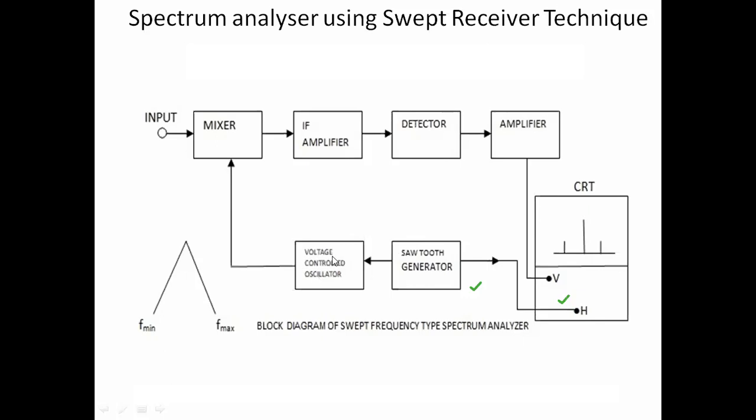The output of the voltage controlled oscillator goes from minimum frequency to maximum frequency, so the sweep signal will be generated.